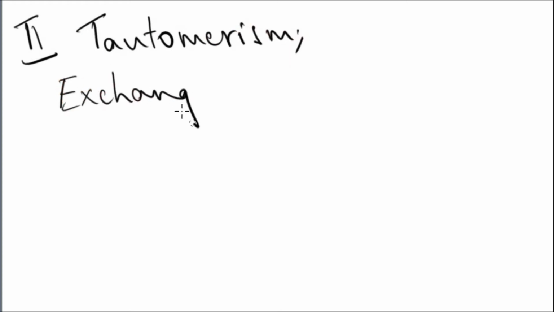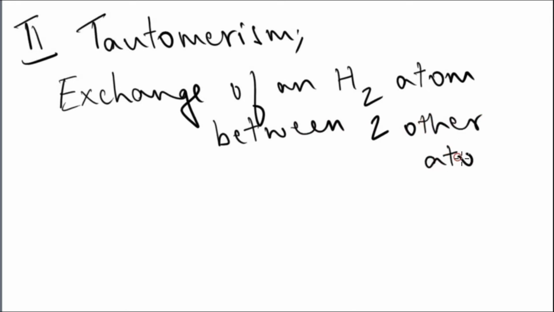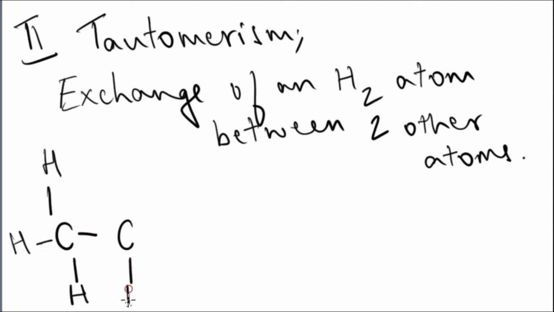Now there's another kind of isomerism. It is called tautomerism. It is based on the exchange of a hydrogen atom between 2 other atoms. For example, we have this structure, and in tautomerism you need to have a keto group, which is a C double bond O. So when you have this, the enol form will look like this.